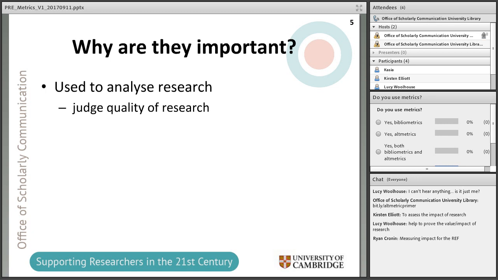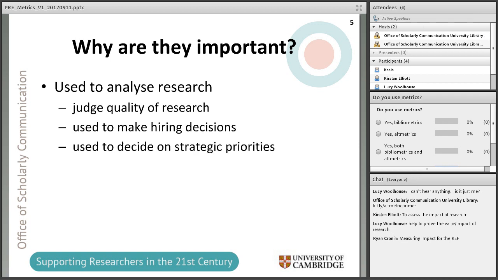But there are a number of other reasons why they're important in use to analyse research. They might be used to make hiring decisions, and this is especially true in the US, where metrics are used to help assess candidates when hiring and firing and making tenure track decisions. They might be used to decide on strategic priorities, so the university might use them at quite a high level to decide where to concentrate their research funding and their activities, so whether to support one unit more than another, or give different departments more money than others.